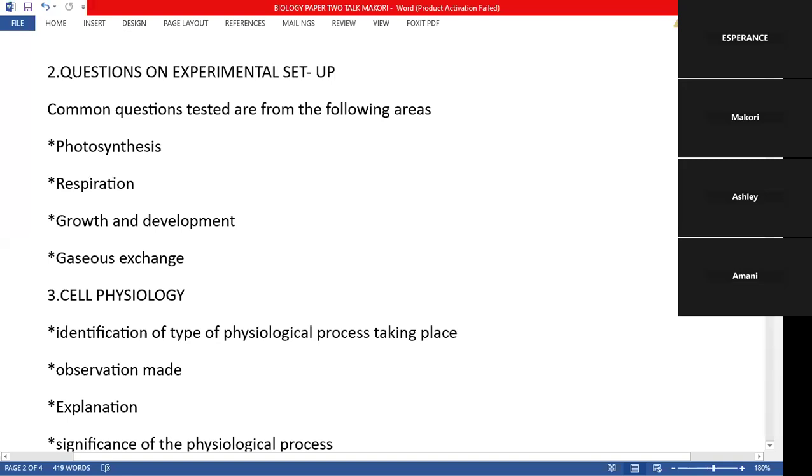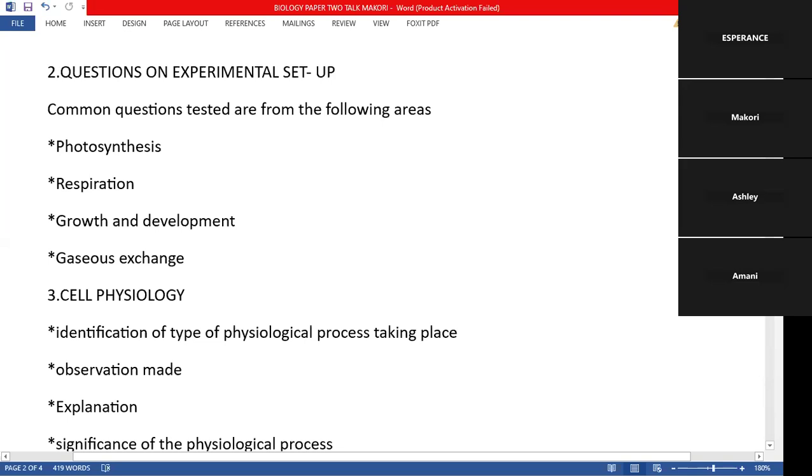Like now, you can place a plant within the light. We know that if you enclose it within a transparent polythene paper, the process of photosynthesis will continue to take place. Then after that, you can take that gas and investigate that gas.